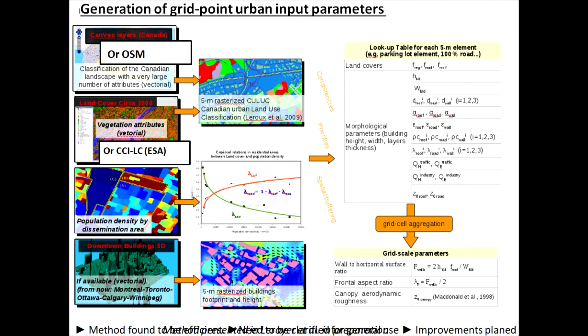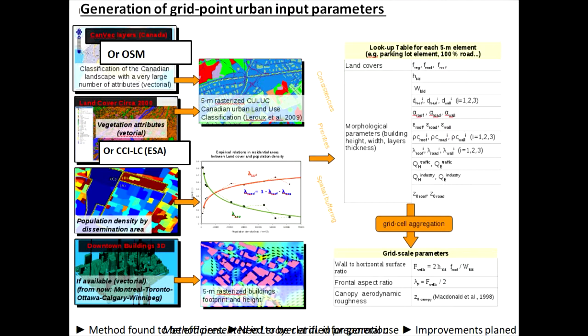And this is just trying to summarize how we did it. We obtained the surface characteristics for the HRDPS and also for Toronto. So we have GIS systems to combine different, in general freely available, datasets.